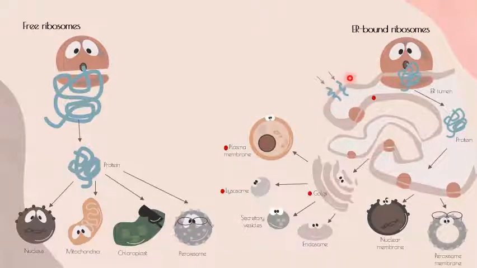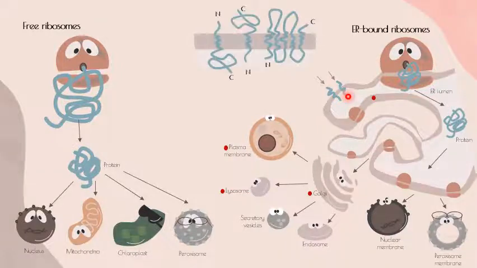So they will be inserted in the ER membrane by alpha helical membrane spanning regions, these ones, in different orientations. The N terminus of the protein might face the cytosol, or the C terminus might face the cytosol, or it might be in a multi-pass formation within this ER.